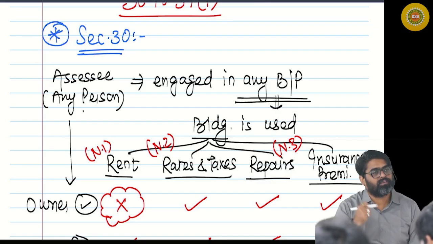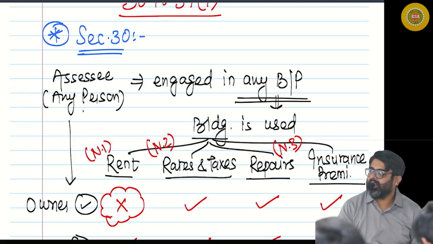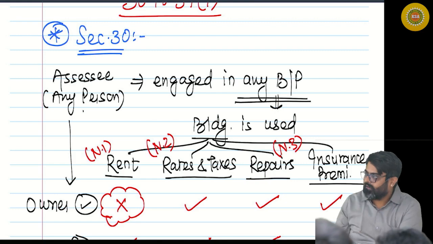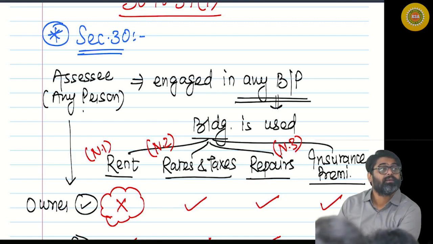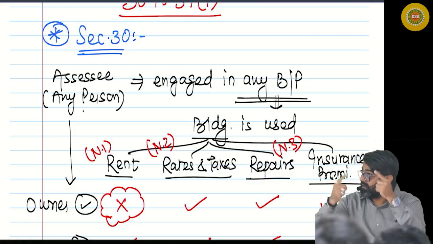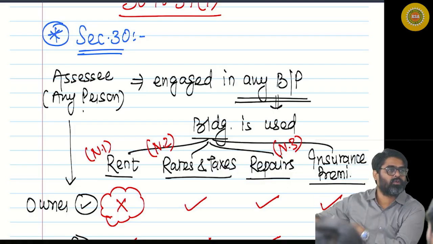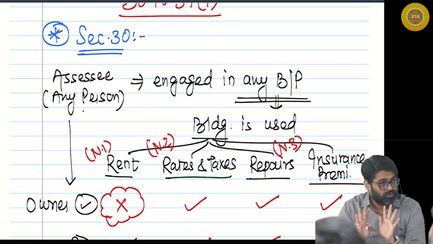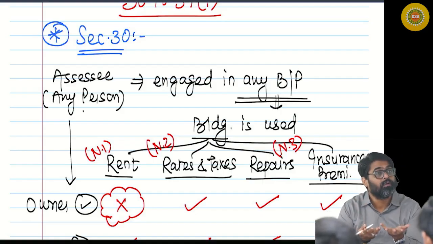So in the coaching business, can you see any building being used? This building in which you are there, the classes are getting conducted. Can I say this entire building, this classroom at the first floor, second floor, is used for the purpose of coaching business?